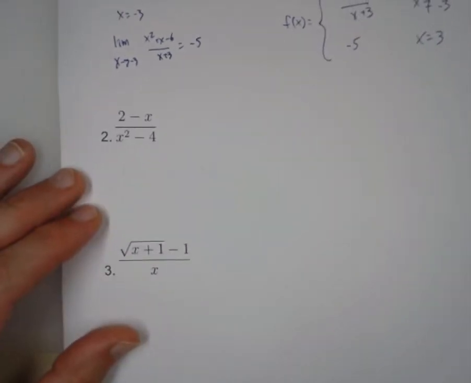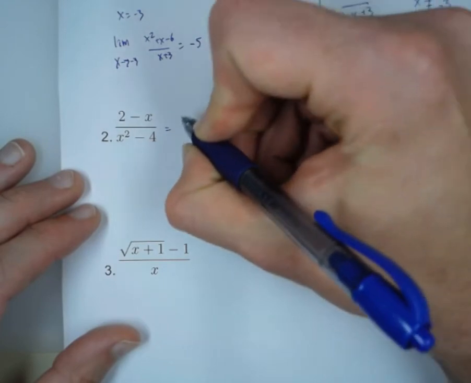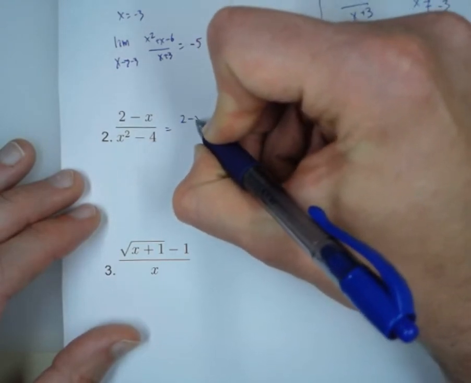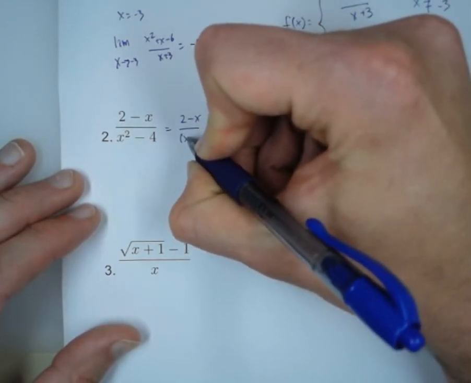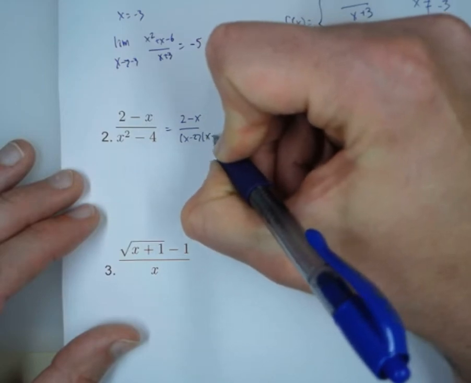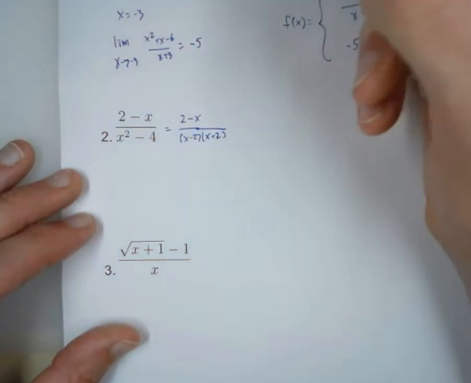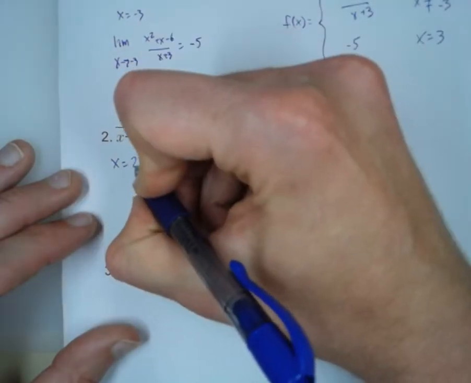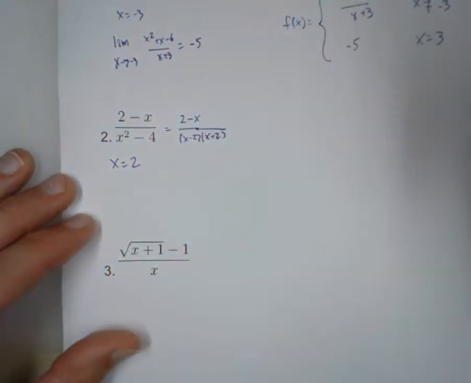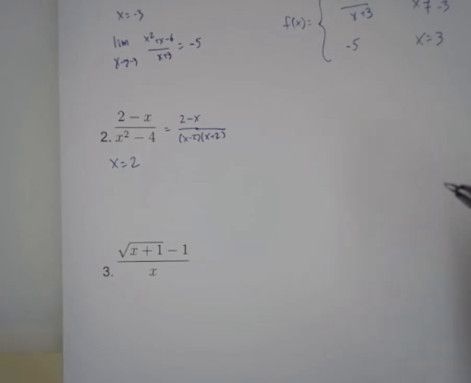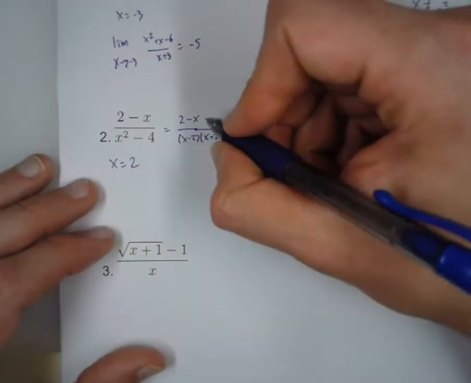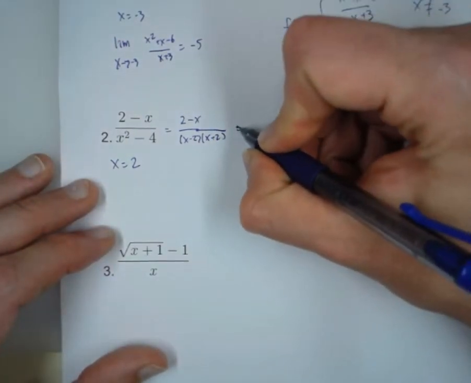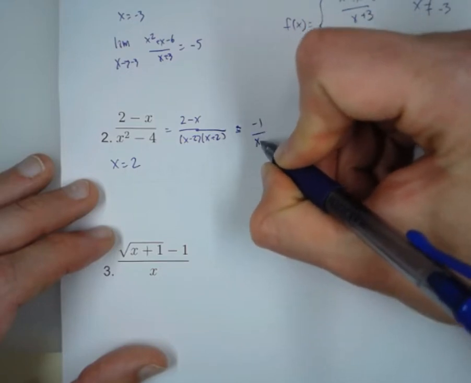So let's look at the next one. With this one, here I have 2 minus x, and then I factor this x minus 2 times x plus 2. So the location of our removable discontinuity is x equals 2. That's going to make the top 0 and the bottom 0. And if I cancel these out, I'm left with negative 1 over x plus 2.